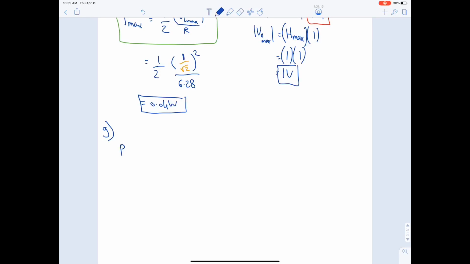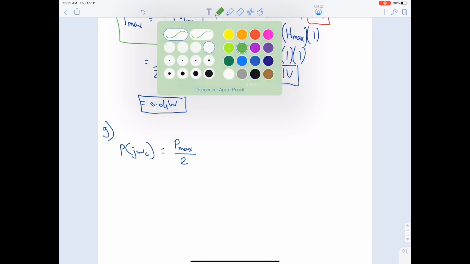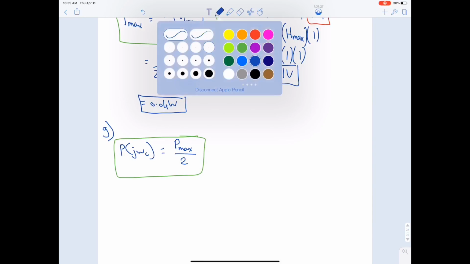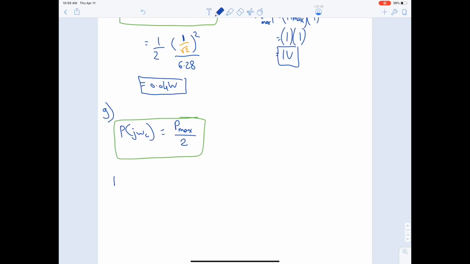It's P at omega C equal to P max divided by 2. This is the equation. We already found out what P max was, which was 0.04, divided by 2. This will give us 0.02 watt. Okay, so this is the answer. Now we're done for this question.